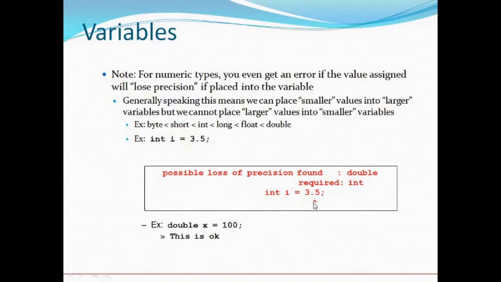So you cannot naturally assign a bigger data type variable to a smaller data type variable; you have to explicitly cast it for that to work. But if we keep a bigger data type on the left side and a smaller data type on the right side, this can be done very easily and is done by default, so you don't need to take any pain regarding casting it from one data type to another.